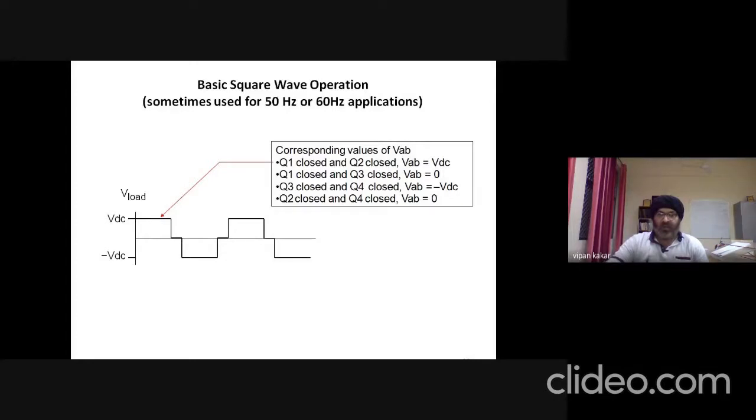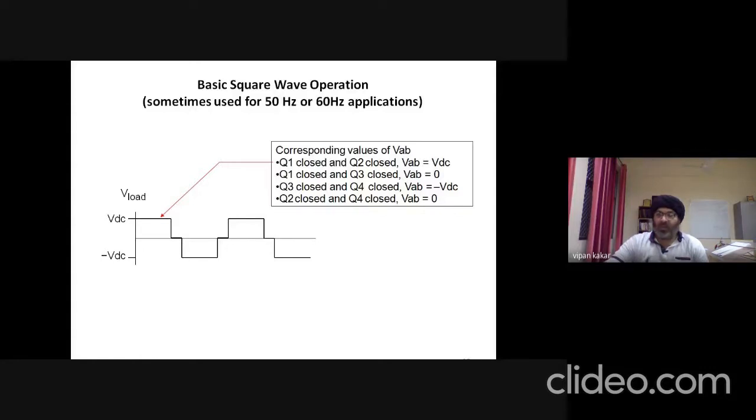Now, this basic square wave operation is normally used for 50 Hertz or 60 Hertz applications. Using the previous circuit, now showing it graphically, Q1 and Q2 are turned on.